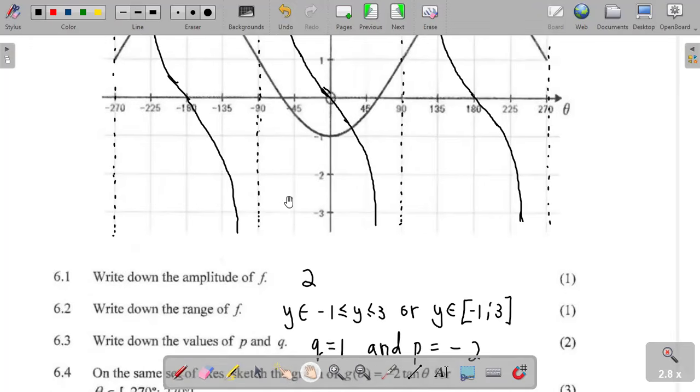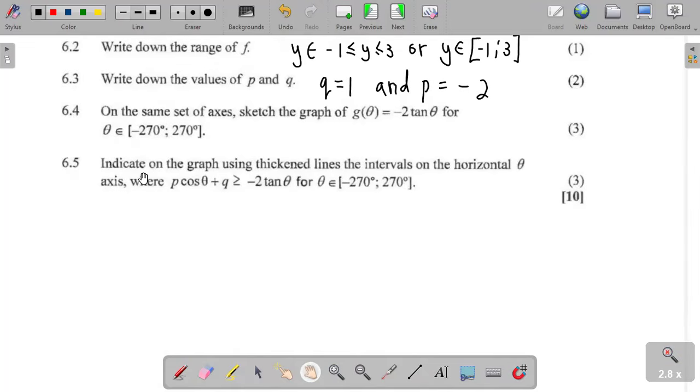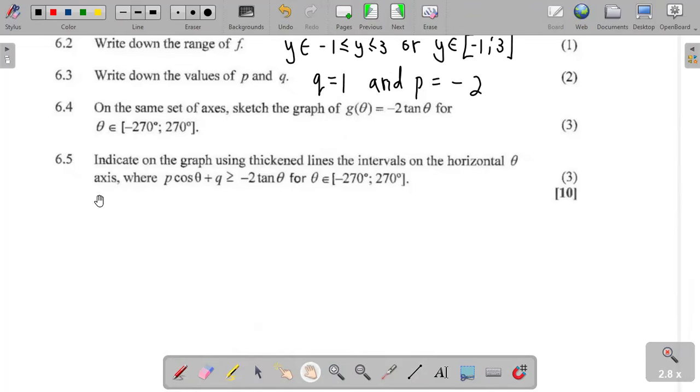And then 6.5, what do they want? Indicate on the graph using thickened lines the intervals on the horizontal theta axis where P cos theta plus Q will be greater than or equal to -2 tan theta, for theta from -270 until 270.